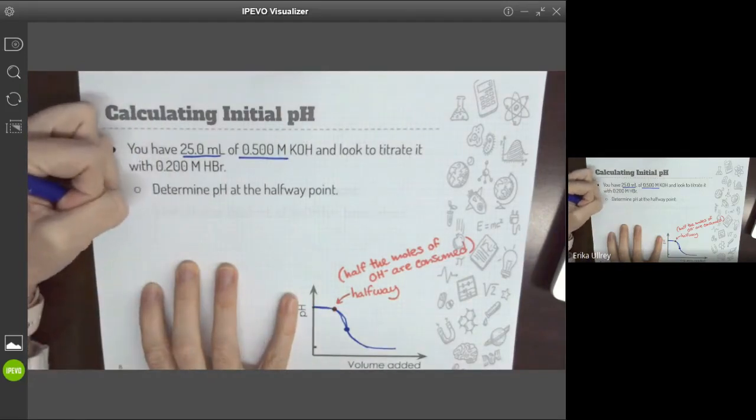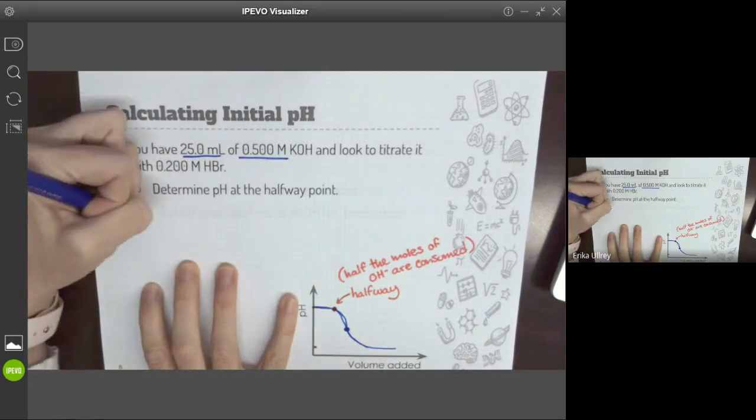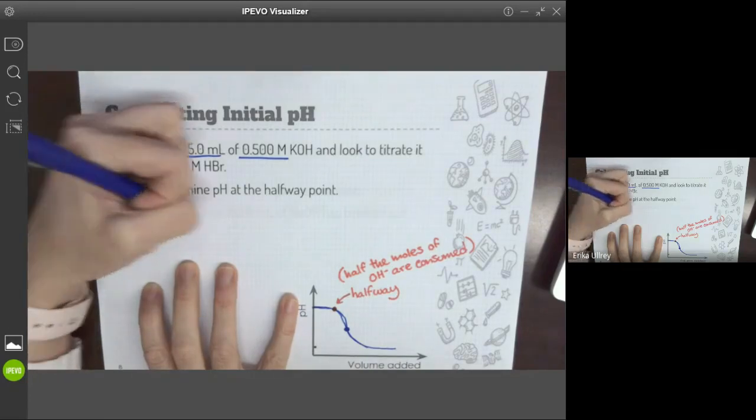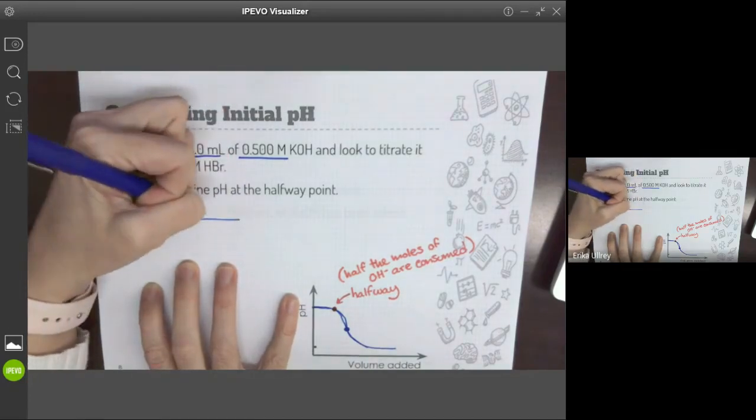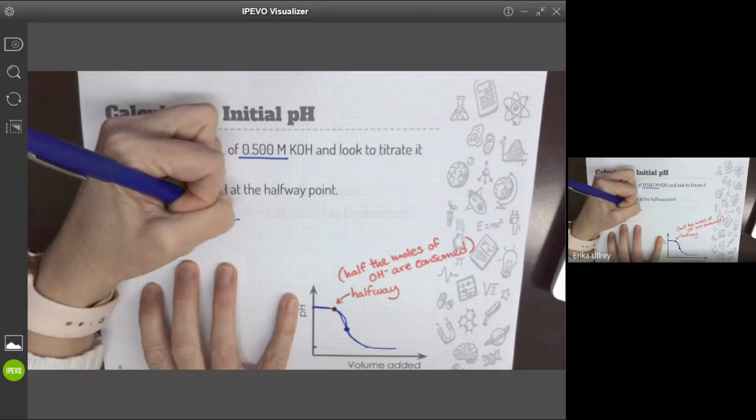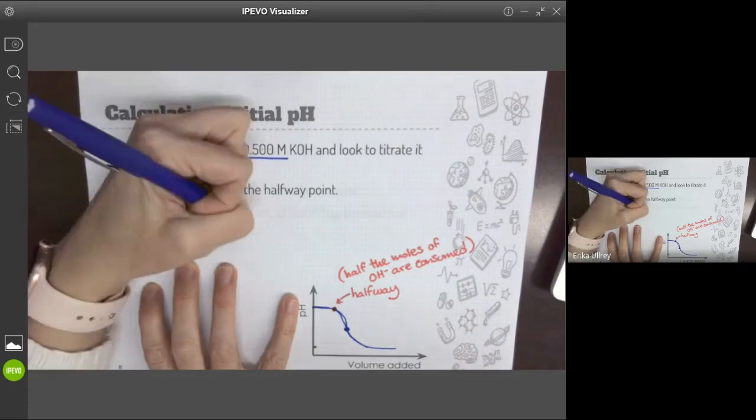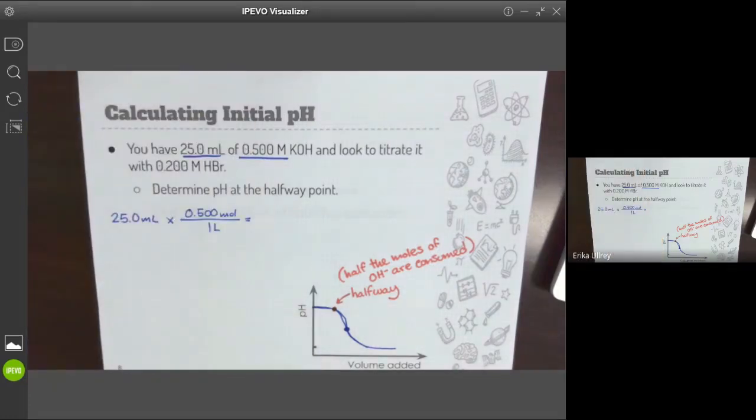So 25.0 milliliters times our 0.5 moles over 1 liter. And so that would be 12.5, right?